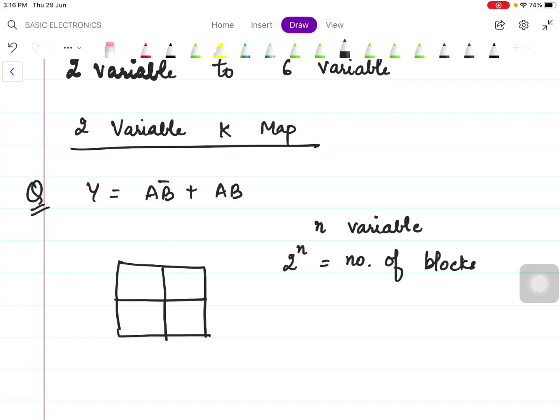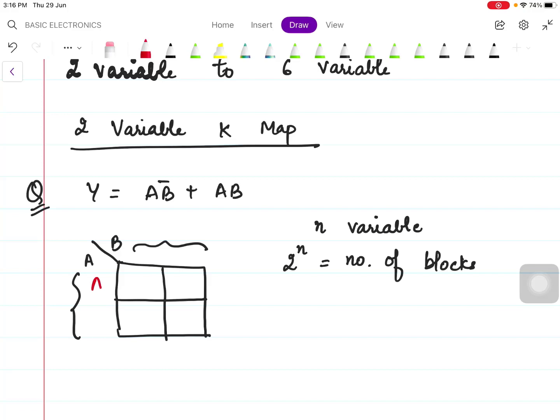Now as there are 2 variables, you will draw a line, and the variable which comes alphabetically first you will write downwards, and the variable which comes alphabetically next you will write upwards. Now this particular area belongs to A and this particular area belongs to B. In digital electronics, A can have only 2 values, that is 0 and 1.